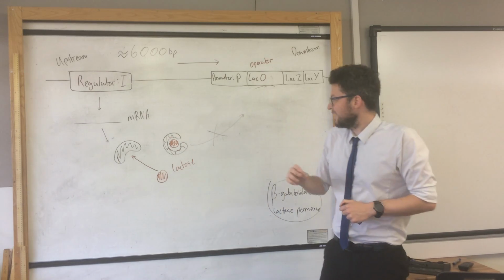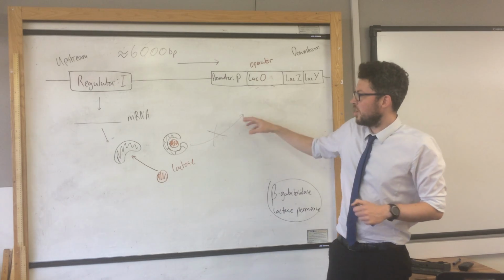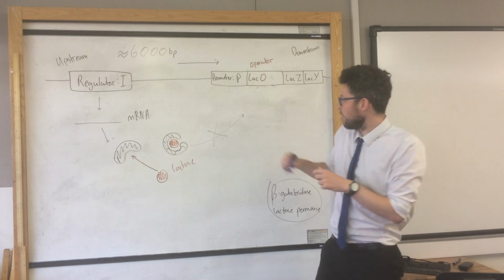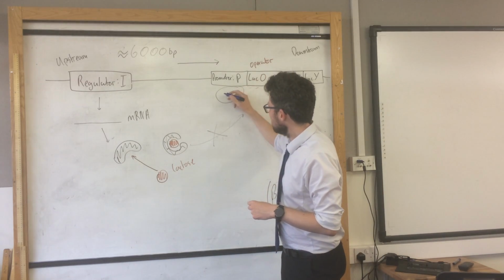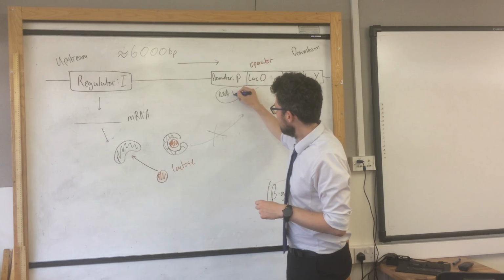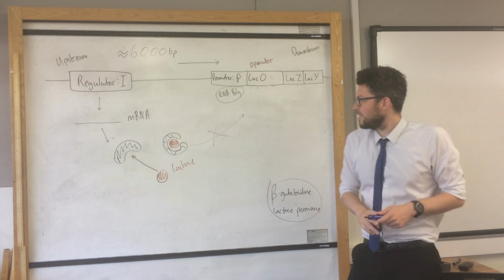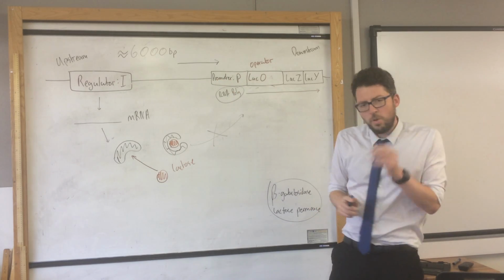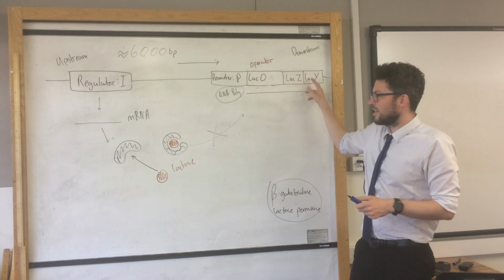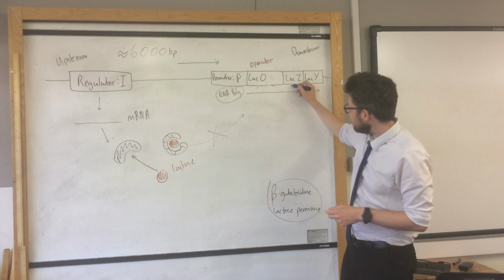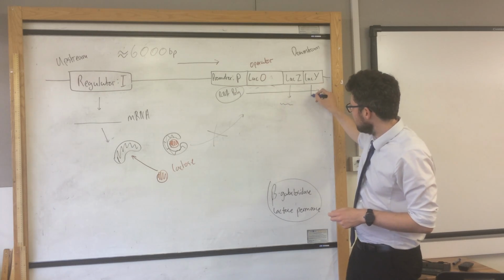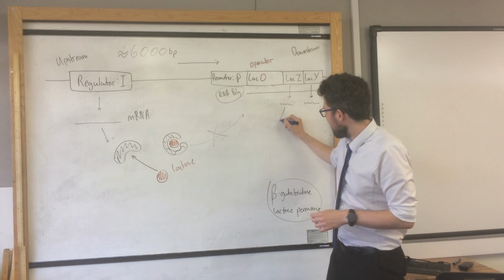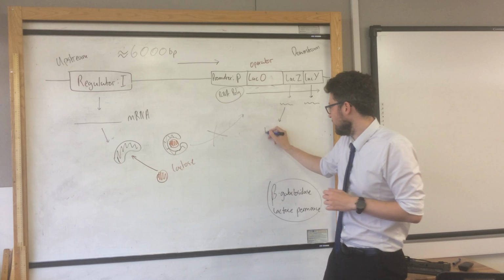Because there is no regulator protein bound to the lac operator, RNA polymerase is able to bind here and move along this section. What that means is that the genes for lac-Z and lac-Y, which code for the enzymes, can now be converted into mRNA and then into protein.